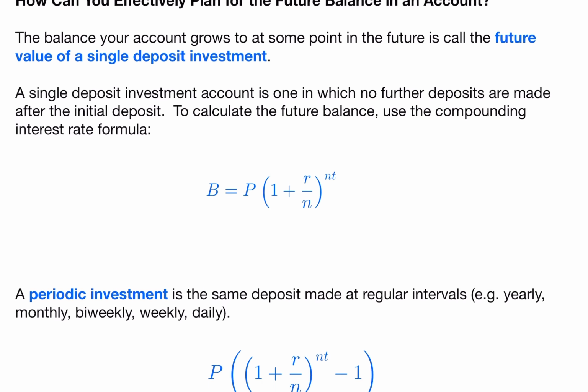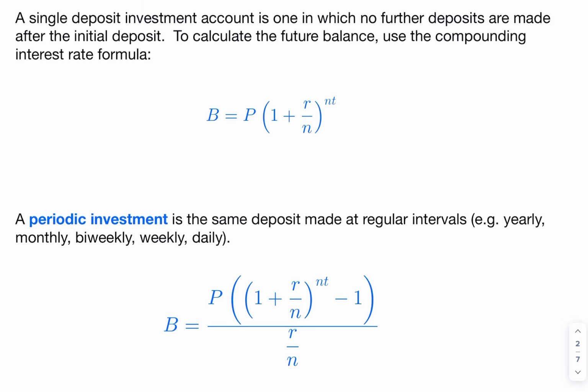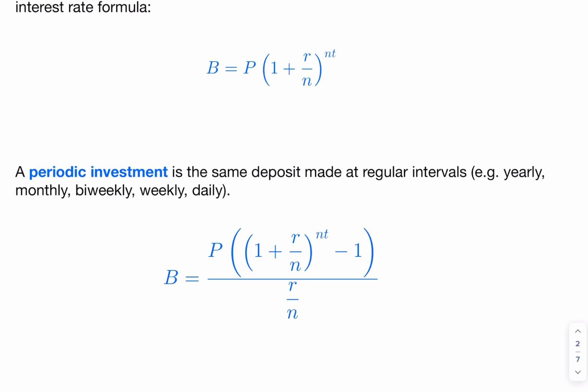Okay, and a periodic investment is the same deposit made at regular intervals. So very similar to a single value, but now we're doing a periodic investment. And so we have deposits that are being made, for example, yearly, so on an annual basis. Every year, the same deposit is made, or on a monthly, bi-weekly, weekly, or daily basis.